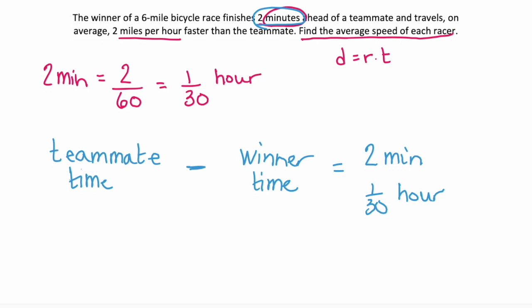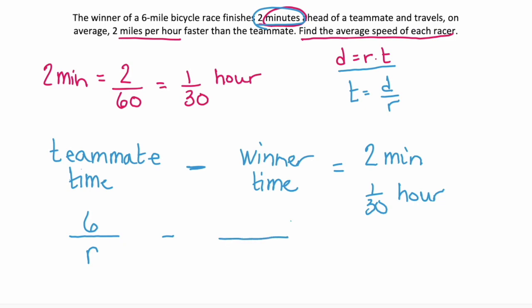Since we're comparing the time, we can rewrite our distance equals rate times time formula as time equals distance over rate. And we can come up with the ratio distance over rate for the teammate and for the winner. The teammate, their distance over rate is a distance of 6 miles, and they go a speed r.